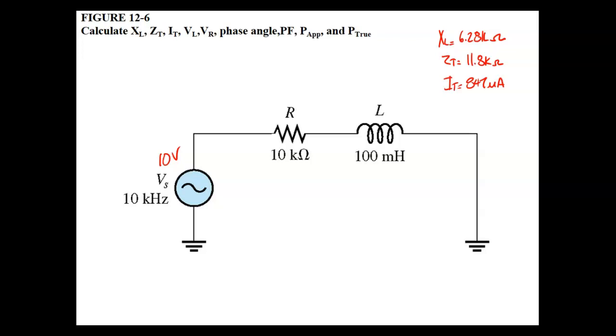Let's see, 8.27 for the R. Got 10 volts. Really? Yeah. Well, it's really 9.99.